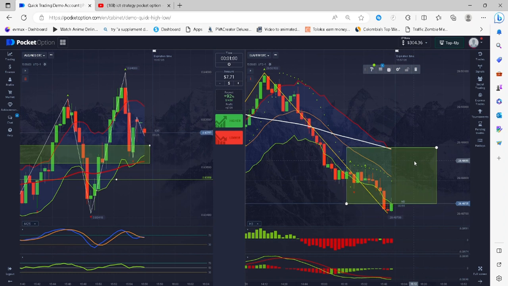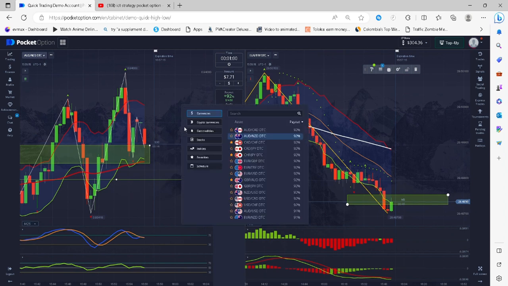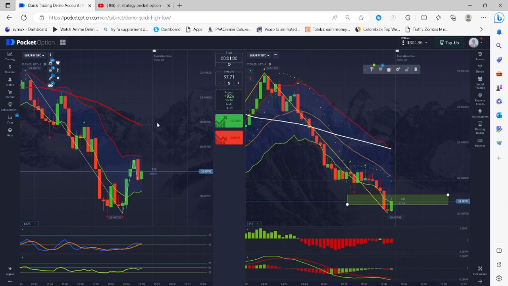Here we have a fair value gap. We have a fair value gap on a selling market, right? Euro TRY. What the hell? What currency is this? Euro TRY. Now we are looking at a fair value gap which is trading inside the fair value gap right now.